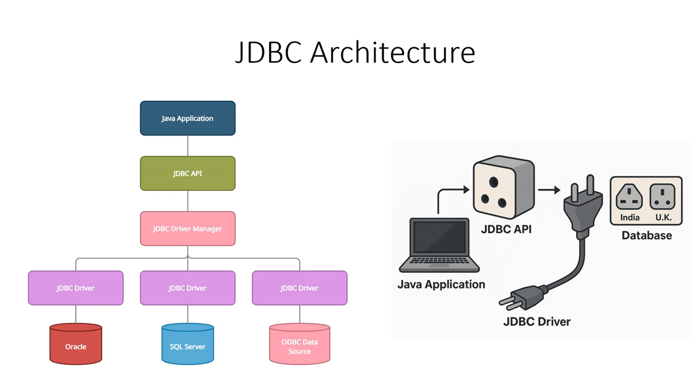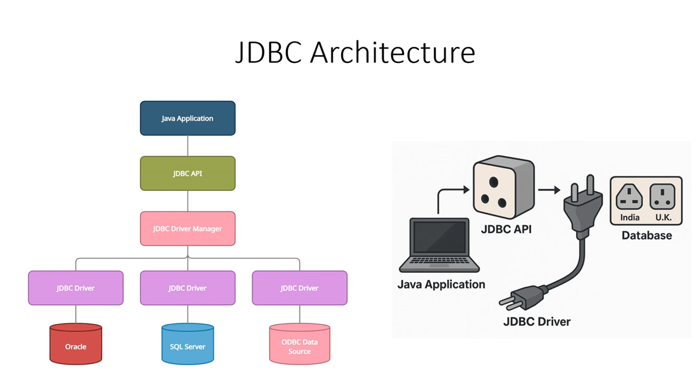Now the JDBC API is like a set of rules or design standards that ensures your charger knows how to connect. It defines how the plug should fit, what voltage to expect, and how to transfer the power supply, right? And the driver manager, you can think of it like a traveler kit that automatically picks the right adapter for the country you are in.